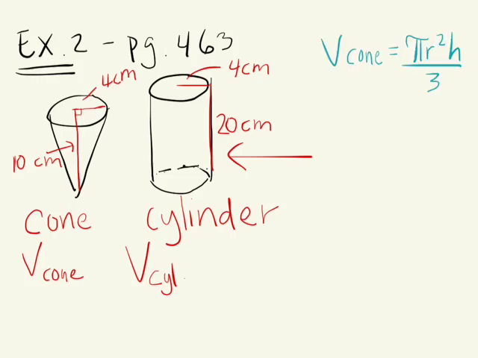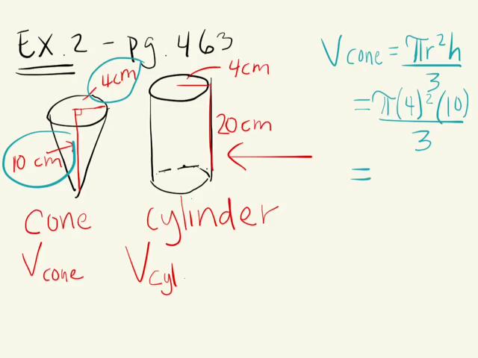The formula is pi r squared times the height divided by 3. Do we know r for the cone? Yeah. Good, 4 centimeters. And do we know the height of the cone? 10 centimeters for the cone. So let's plug in the values.